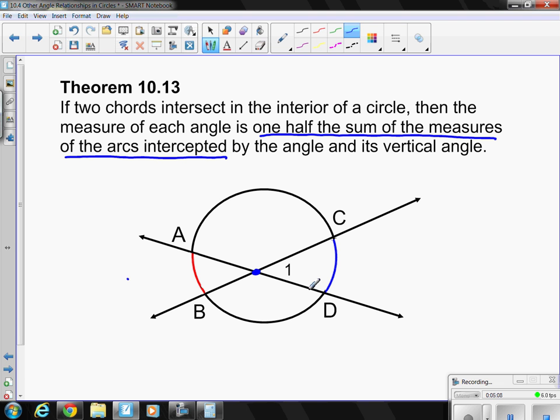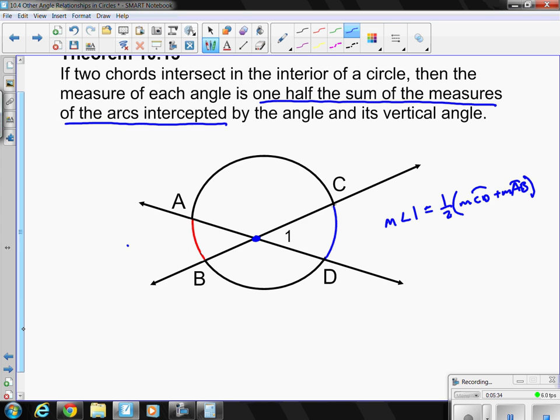So to figure out what angle 1 is, the measure of angle 1 is going to equal 1/2 the sum. So now we have to figure out the sum. The measure of arc CD plus the measure of arc AB. It's always good to check your answer to make sure it makes sense, because the next theorem is similar, but a little bit different.